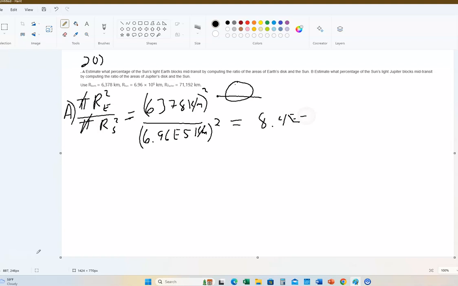Then of course to put it in percent, you multiply by 100 to get it into a percentage, and the decimal just goes back 2 places.